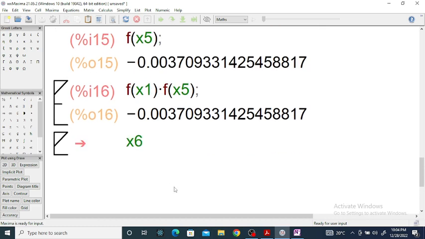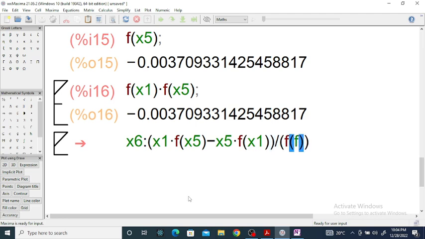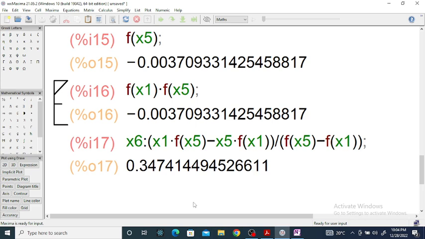So x6 is equal to x1 times f of x5 minus x5 times f of x1, and this whole divided by f of x5 minus f of x1, and we get it is equal to 0.34.